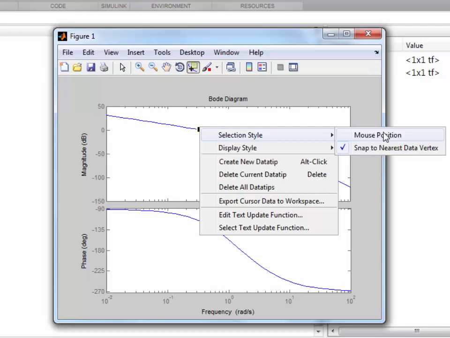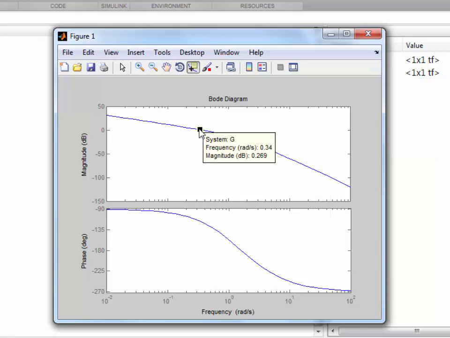And again, we can change our selection style to mouse position by right-clicking, and then it'll interpolate a little bit. And we can try and find a magnitude that's closer to 0 decibels.